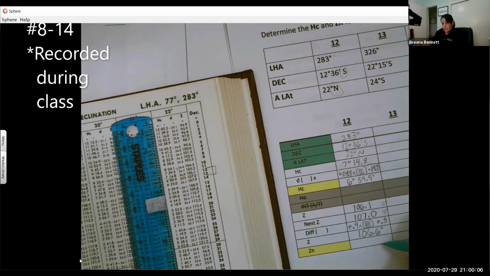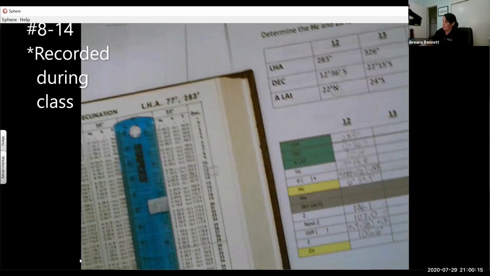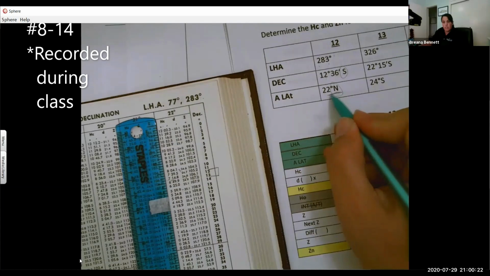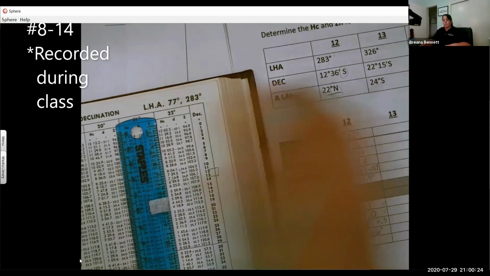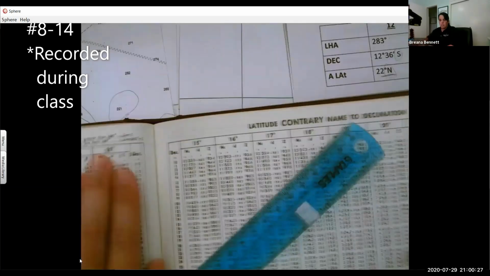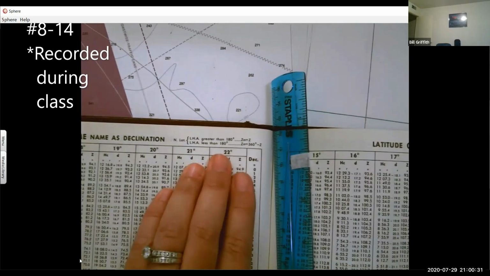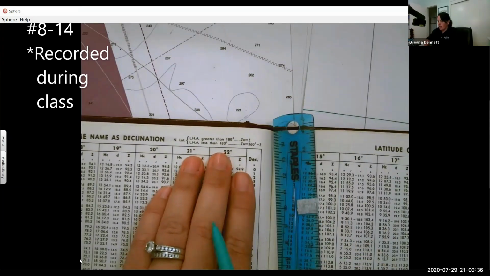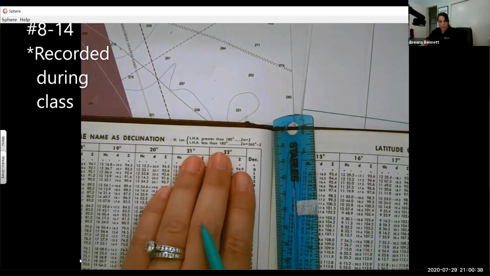Our next step is to convert Z to Zn. This is where we follow the rules that are on our 229. We are in the northern latitude, so we have a latitude of 22 degrees north. So we are going to follow these rules here. We had an LHA of 283.